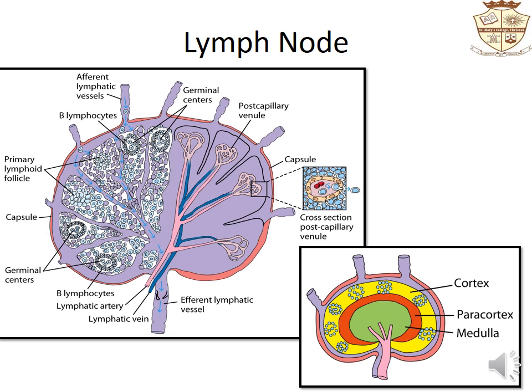So in a lymph node, there are several afferent lymphatic vessels which carry lymph into the lymph node. Lymph coming from the tissues through the afferent lymphatic vessels will flow through the cortex, paracortex and medulla, and it will finally reach the efferent lymphatic vessel.